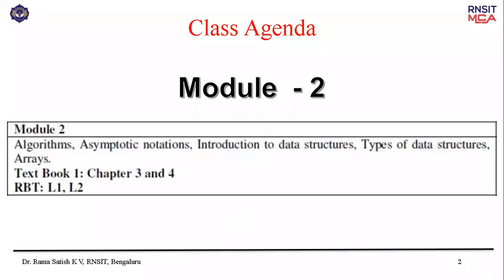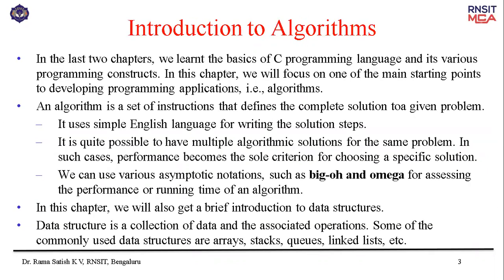Yesterday we had a discussion regarding algorithms and introduction to algorithms. This is module 2. In the past module, we discussed the C program, and in this particular module, we talk about algorithms.